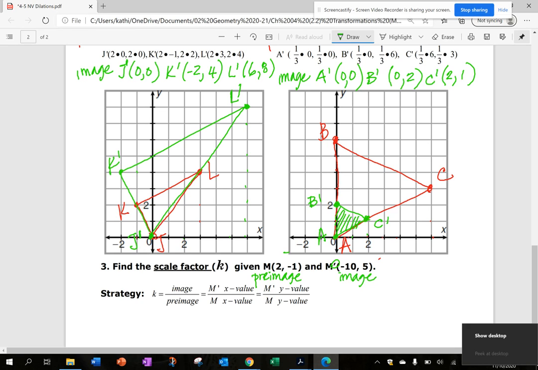So my x value of my image is -10 divided by my x value over here, which is 2. Or I could use my y values, so 5 divided by -1. So k is -5.